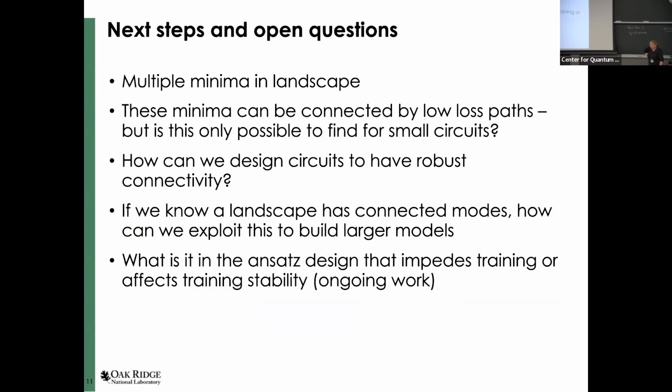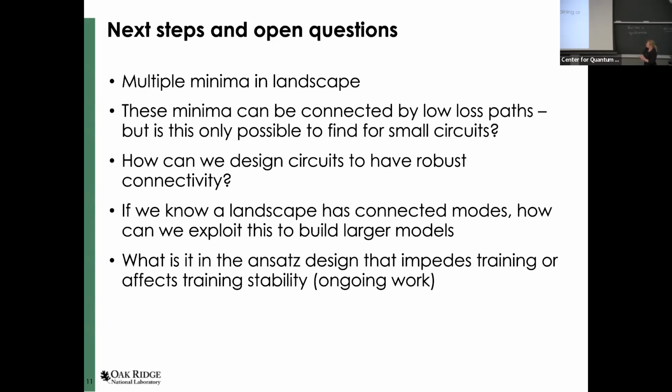And just a quick wrap up of some of the open questions that we have. We know that in our variational landscapes, we have multiple minima, and some of these minima can be connected by low loss paths. We found that for several examples of small circuits. We found it for two different variations of quantum circuit training, either supervised training or unsupervised training.